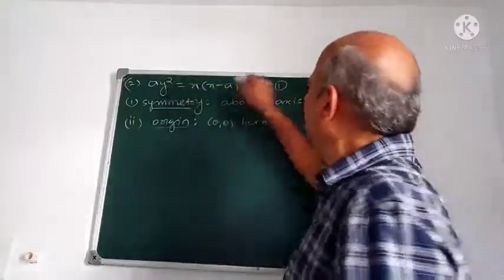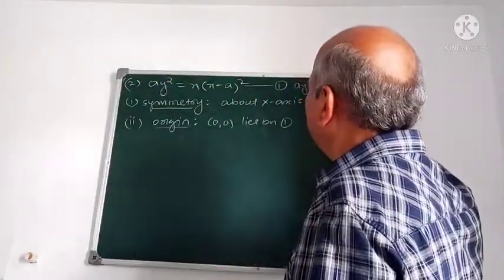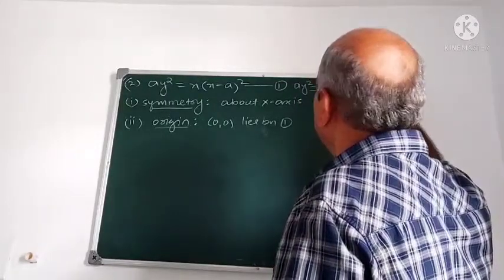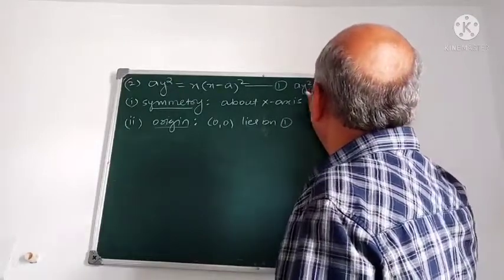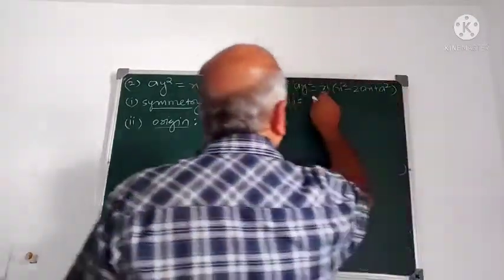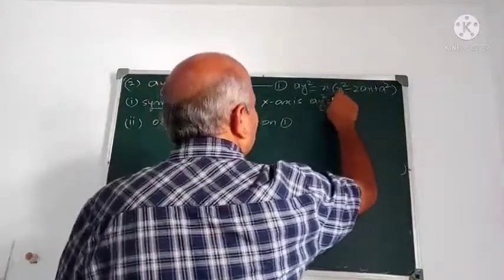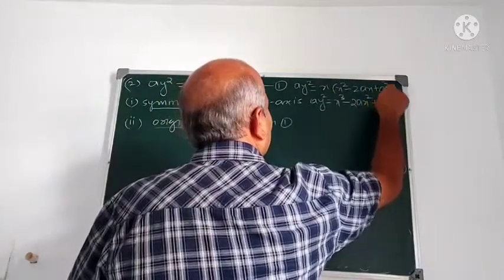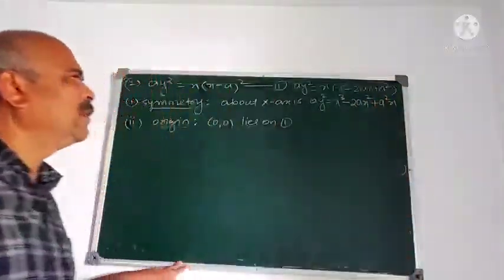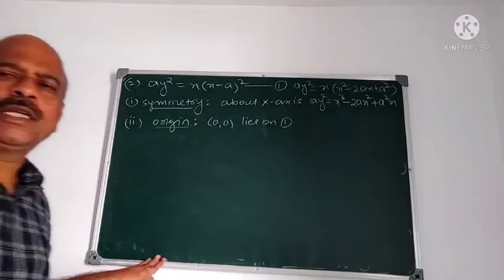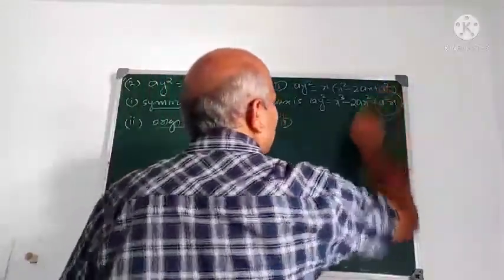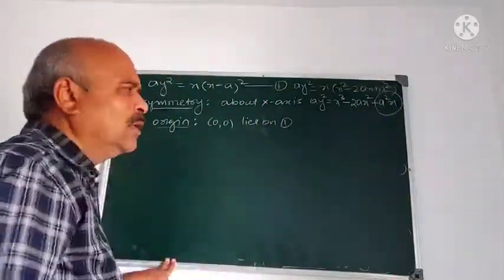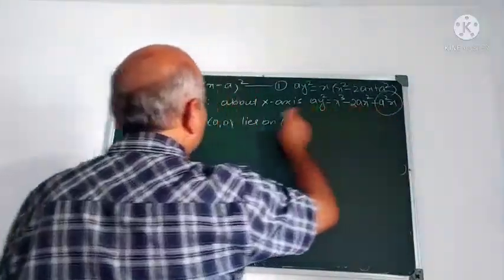I simplify the equation like this: a y square is x into x square minus 2ax plus a square, that is, a y square is x cube minus 2a x square plus a square x. There is no constant term; that is why it passes through origin. And the lowest degree term is a square x.